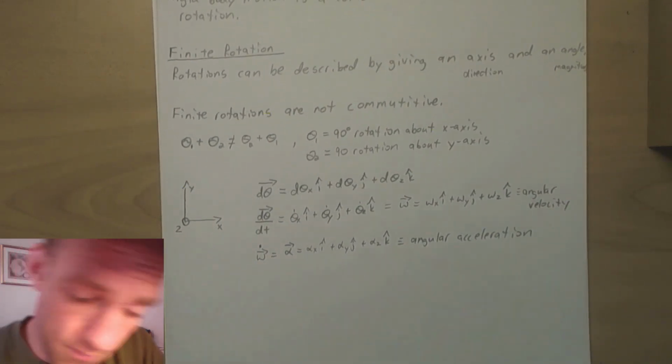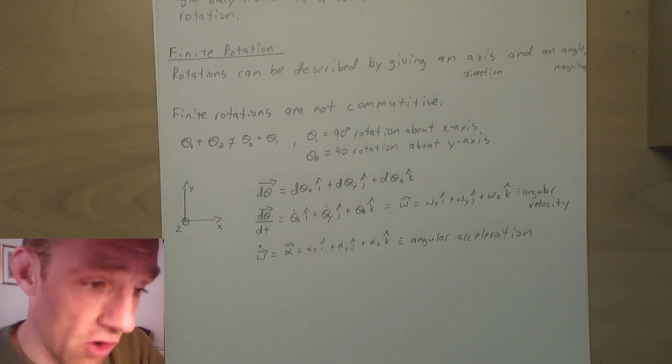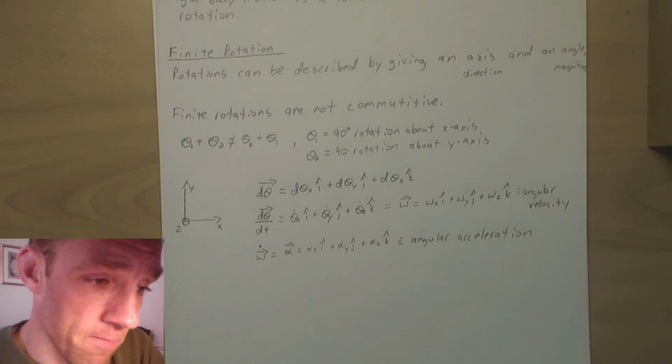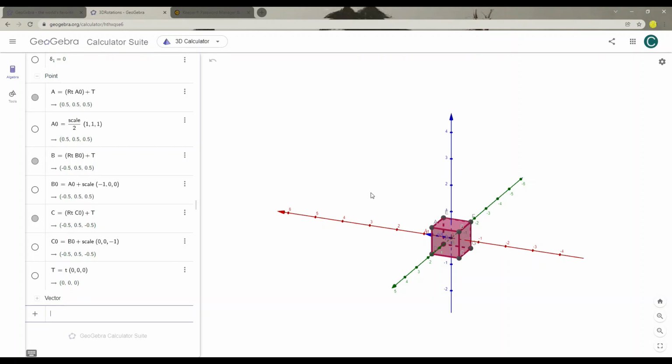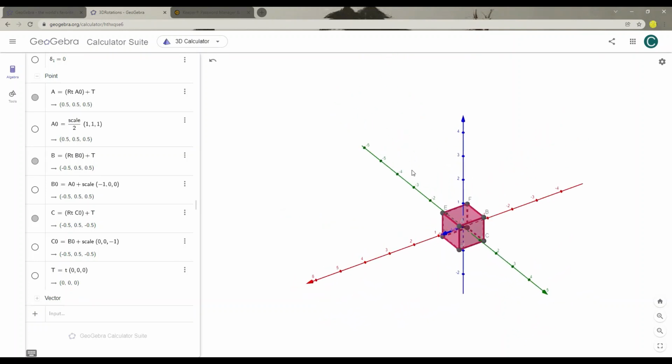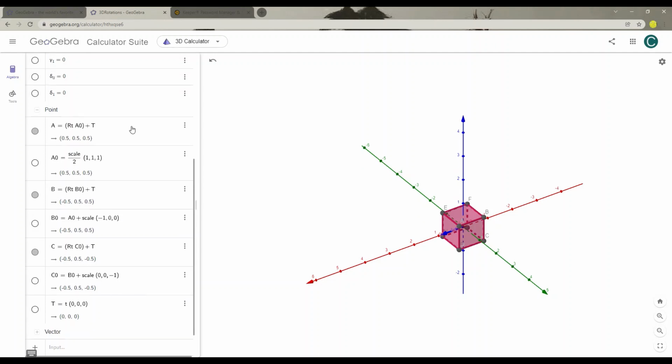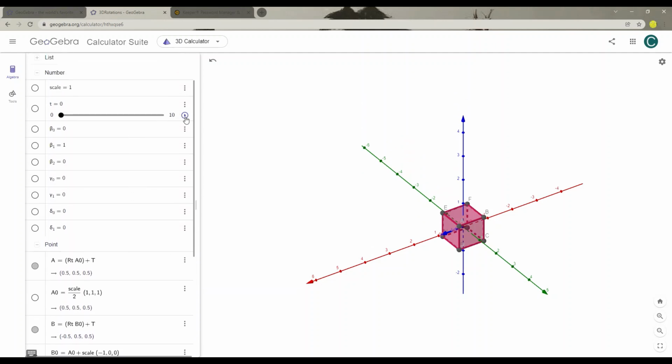And I got a little demonstration I'm going to show you here in a second. Okay, so what we have here is a little illustration of the 3D rotation of this cube.